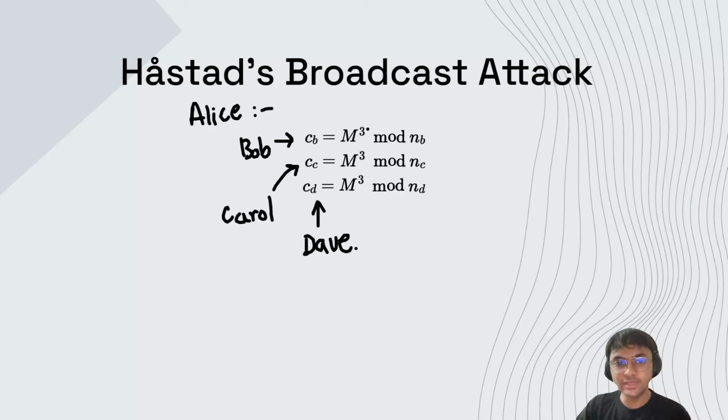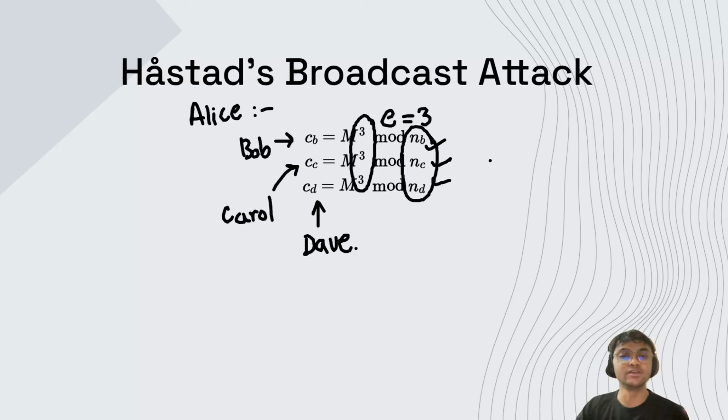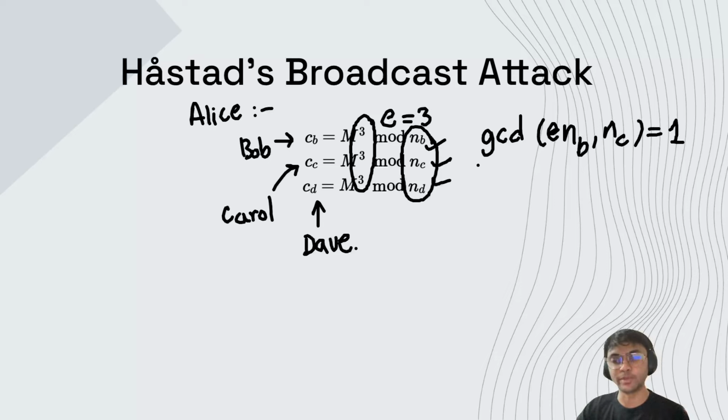In all of these, Alice decides to choose the public exponent as 3. The moduli that Alice uses for each of these computations are N sub B, N sub C, and N sub D respectively, which are relatively coprime, or the GCD of N sub B and N sub C is 1. Similarly for the other two pairs.